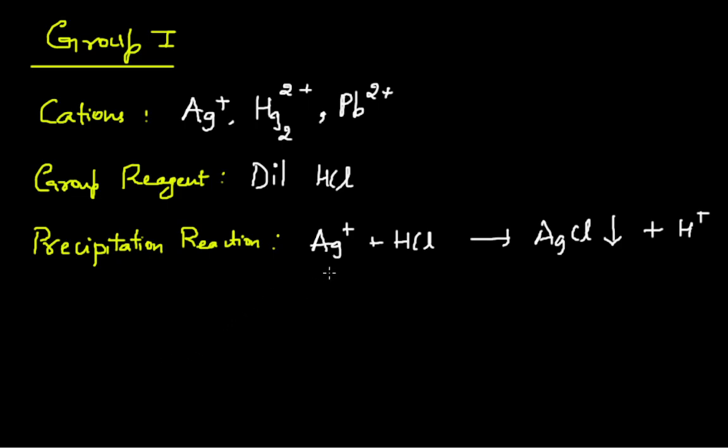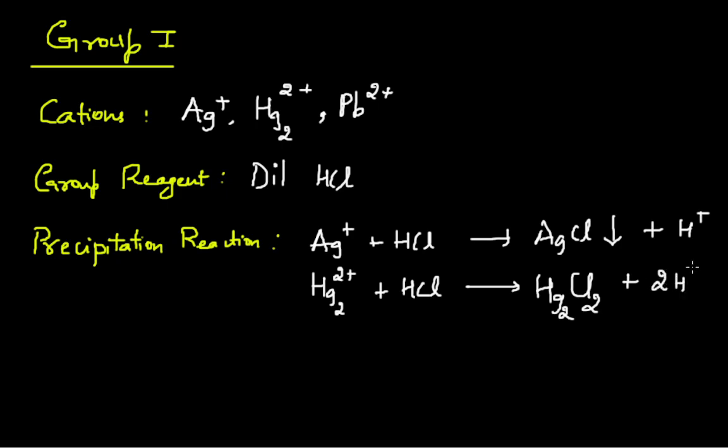Similarly, Hg2 2 plus when it reacts with HCl, you get Hg2Cl2 plus 2H plus.